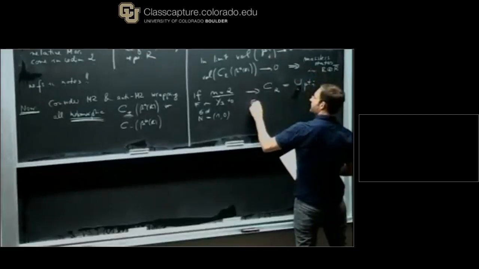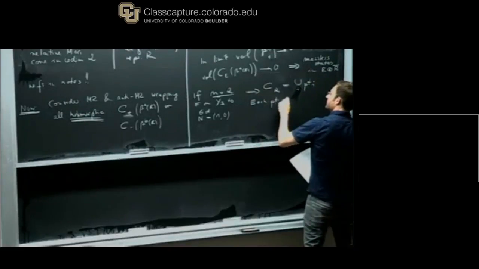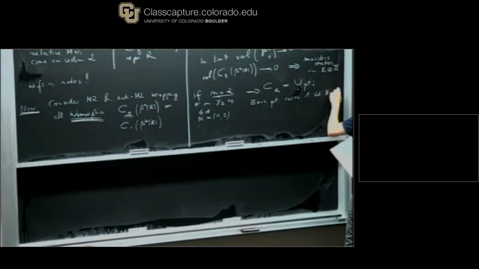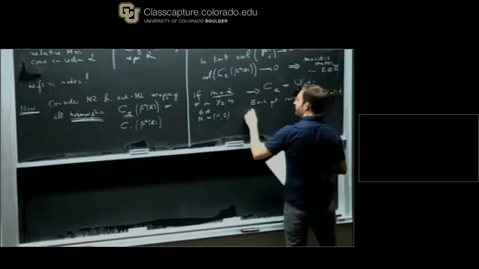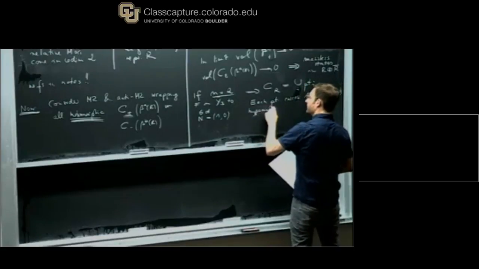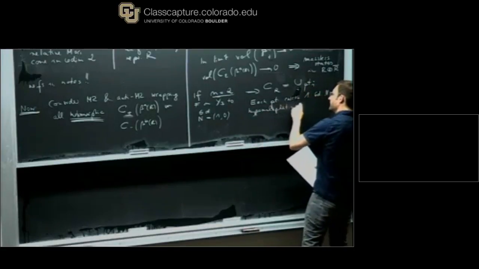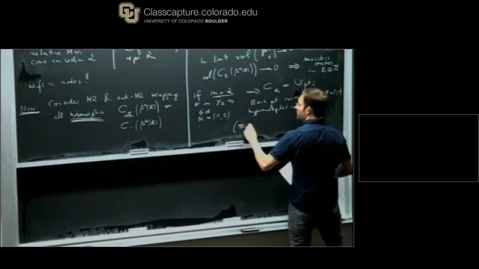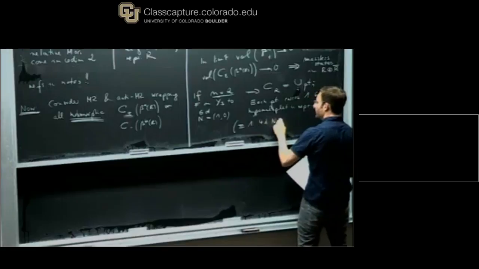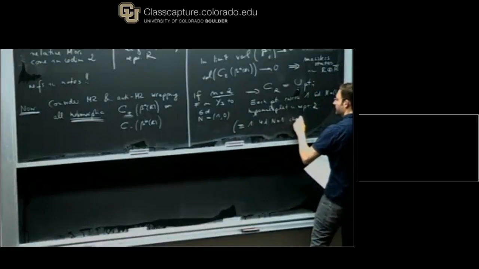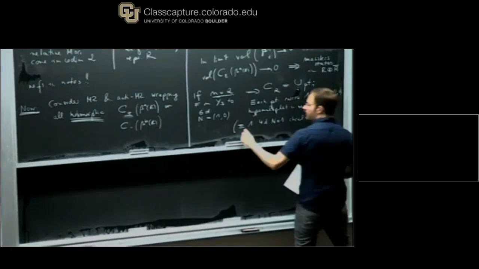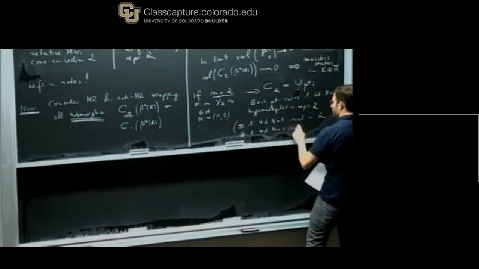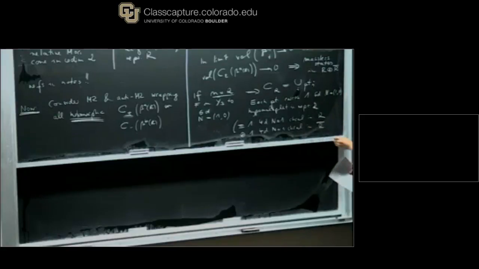So each point carries one 6D N equals (1,0) hyper in representation R, which corresponds to one 4D N equals 1 chiral multiplet in R plus one 4D N equals 1 chiral multiplet in representation R bar.